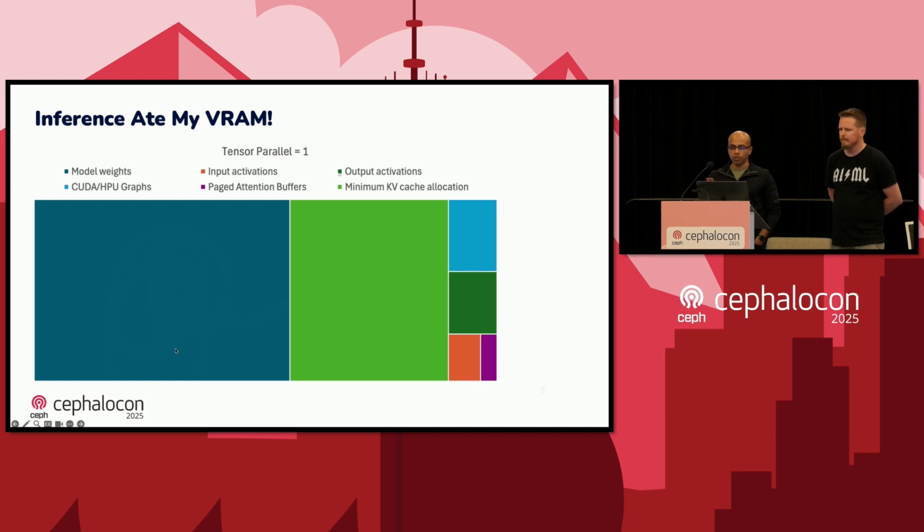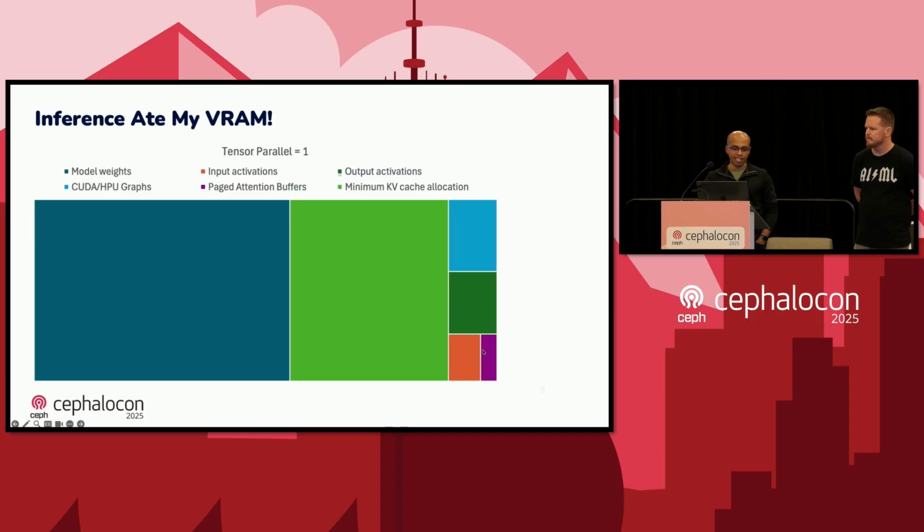They're not going anywhere, so that's a fixed overhead. The green and the orange sections together are the input and output activations, all the intermediate calculations that a GPU does when it's generating tokens.